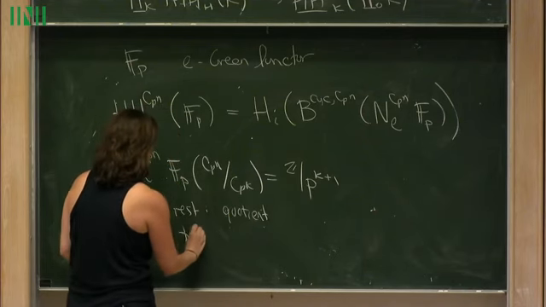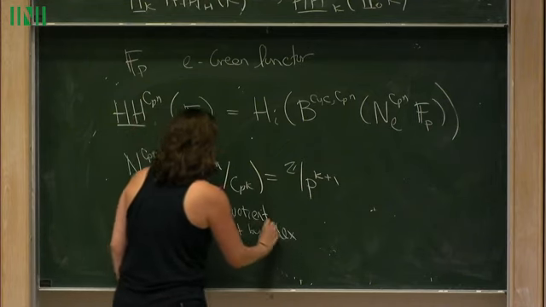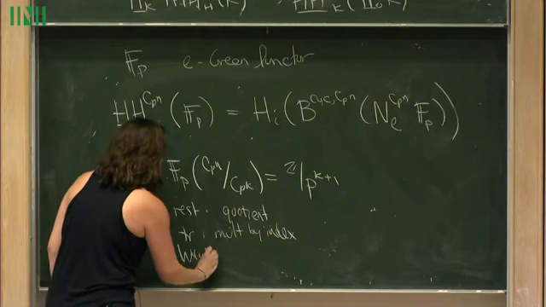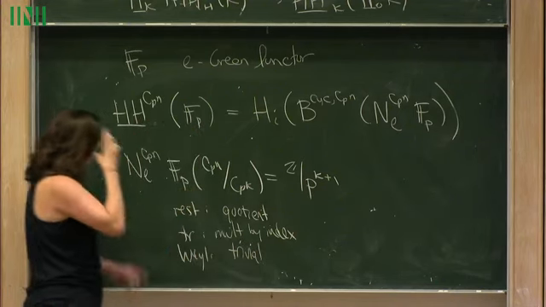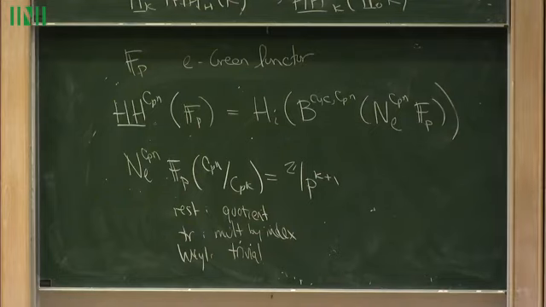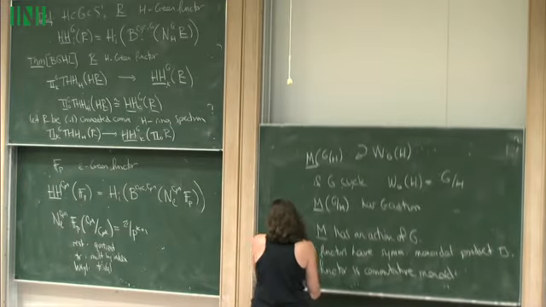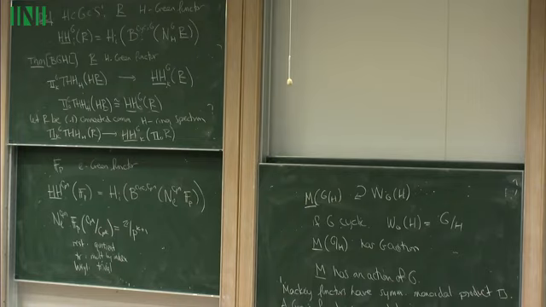The transfers are multiplication by the index. And for us, understanding the Weyl group actions is important as well, and in this case, the Weyl group actions are trivial. So we can explicitly understand what is this norm of F_p, and then if you put it into the twisted cyclic bar construction, in this case, you can just compute what it is.